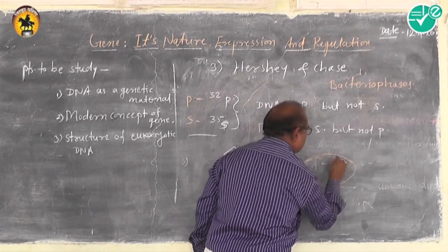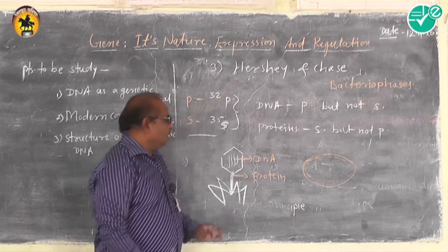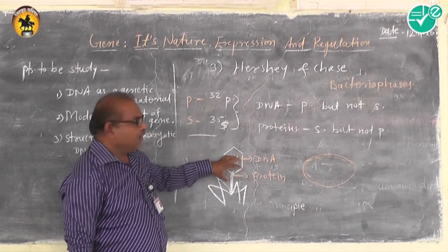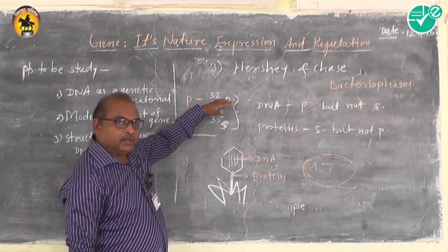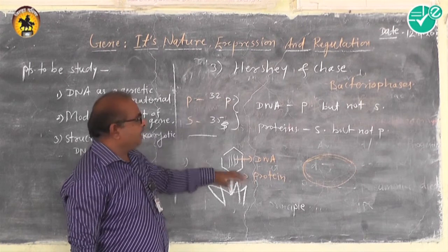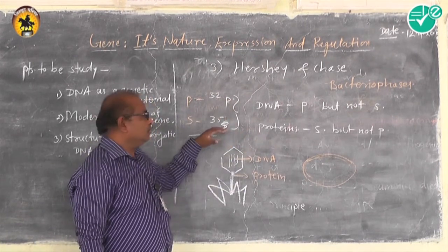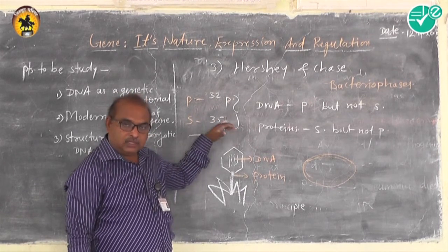Bacterial cell, E. coli bacteria. Some of the viruses are labeled with isotopes of phosphorus and some of the viruses are labeled with isotopes of sulfur.